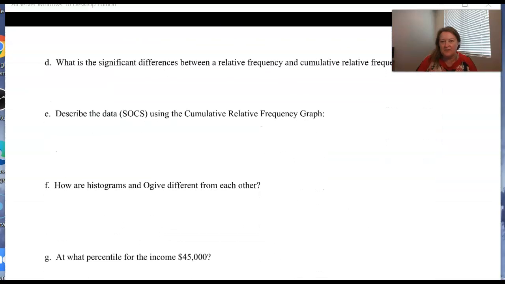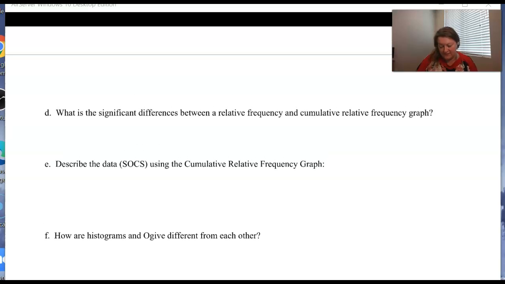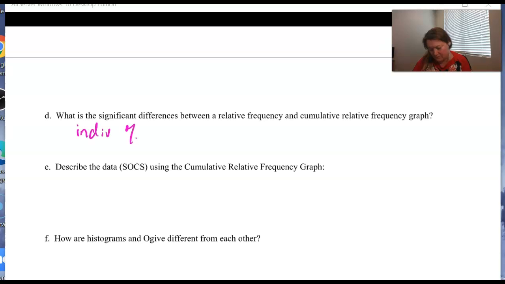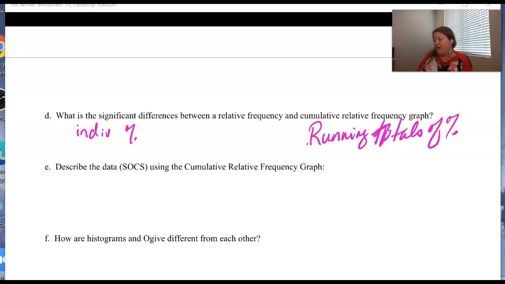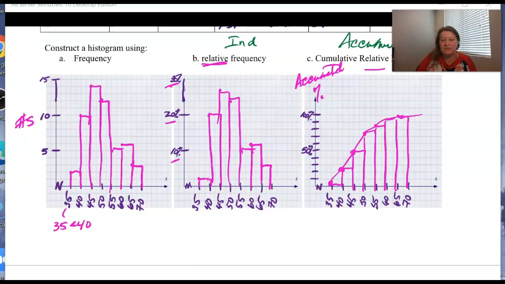So what's the biggest difference between relative frequency and cumulative relative frequency? Relative frequencies are individual percents. Cumulative frequencies are accumulated or running totals of percentages. If I asked you to do SOCS (shape, outliers, center, spread) for the first two graphs, it's not that difficult, but for the cumulative relative frequency graph, there are a couple of things I can pull out even though it's cumulative.